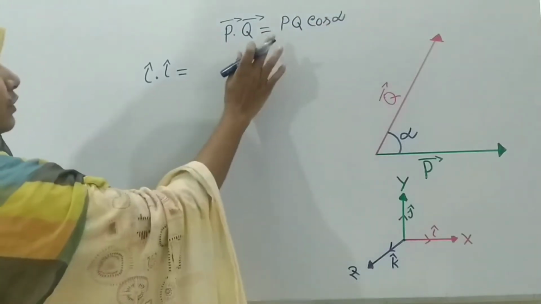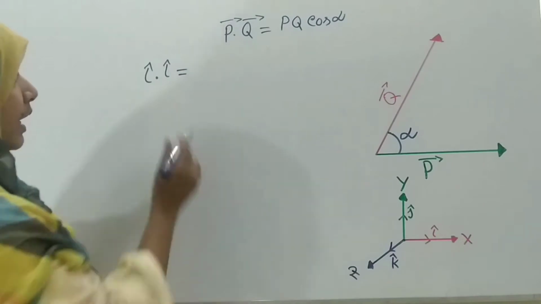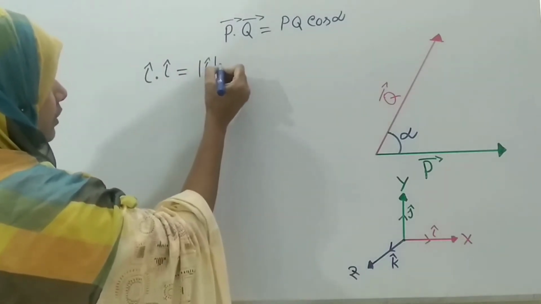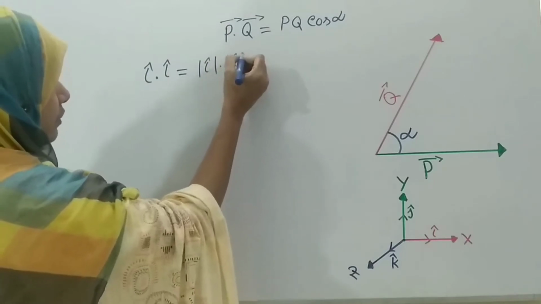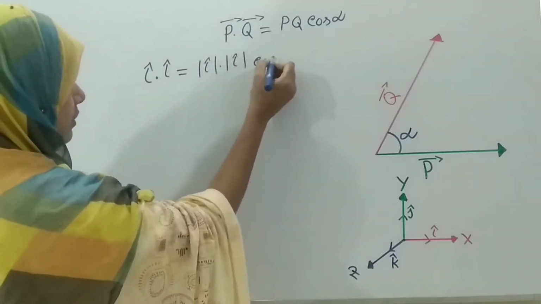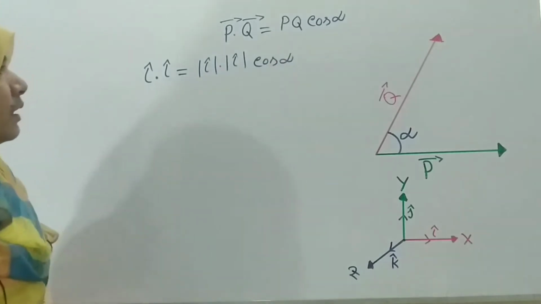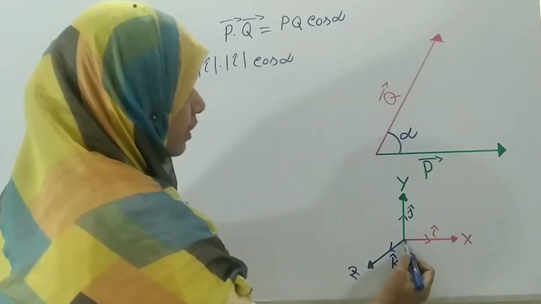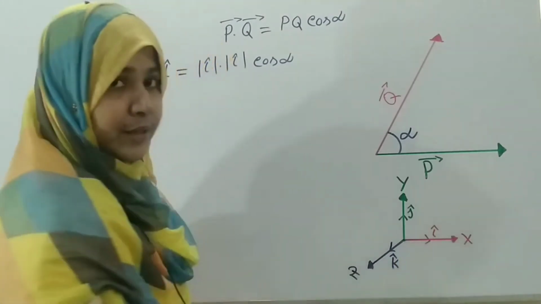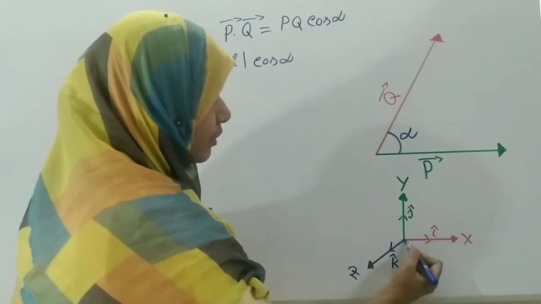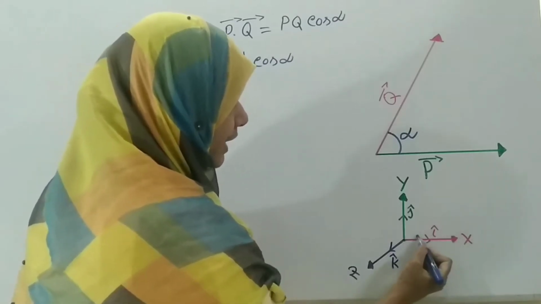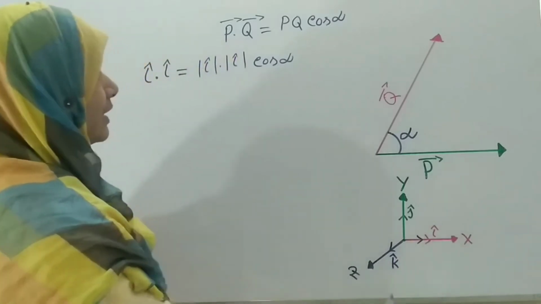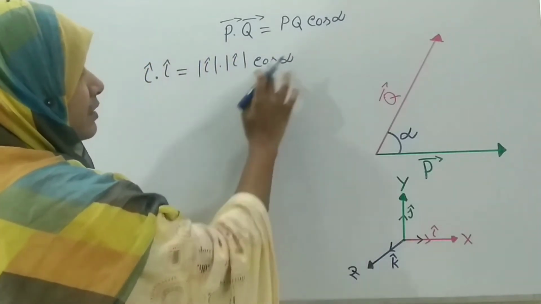So we can use this formula here. i dot i means the magnitude of unit vector i times the magnitude of unit vector i into cos alpha. Now you can see that the angle between two similar vectors, that means two i vectors, the direction will be the same. That is, if i acts in this x direction, we can say that the angle between them is 0 degrees.